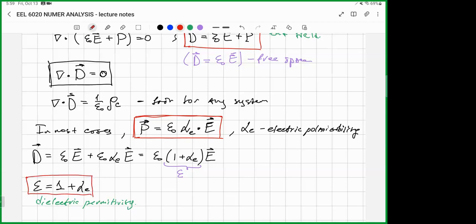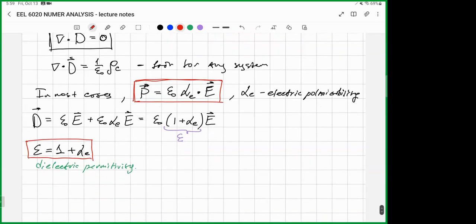When you start simulations and design your numerical problem, you usually need to specify the dielectric permittivity of all the constituent parts of the project.